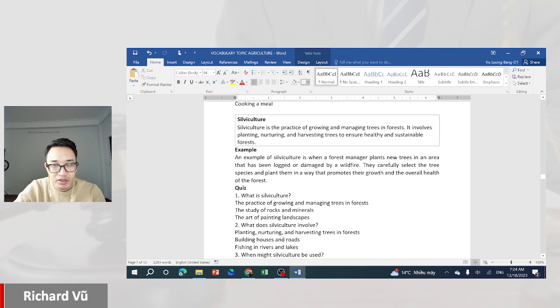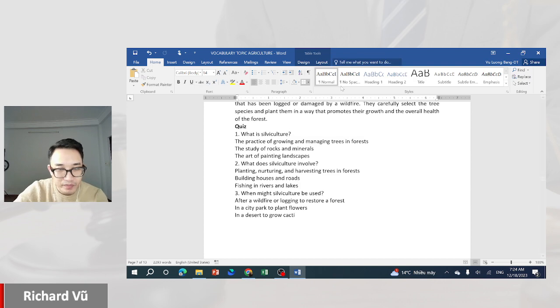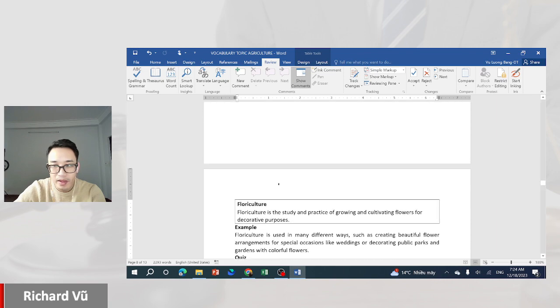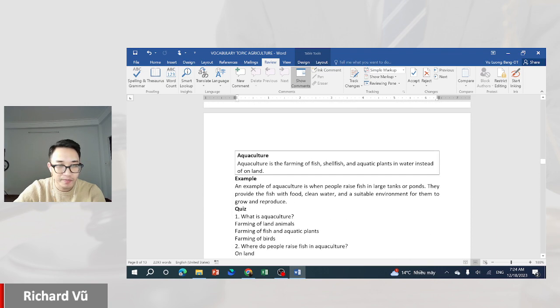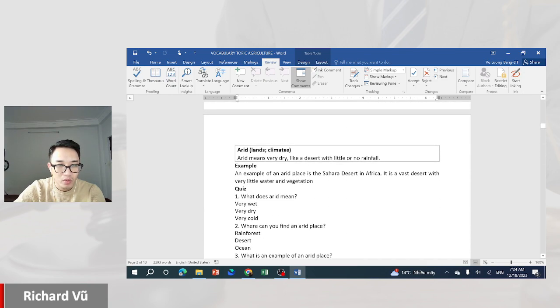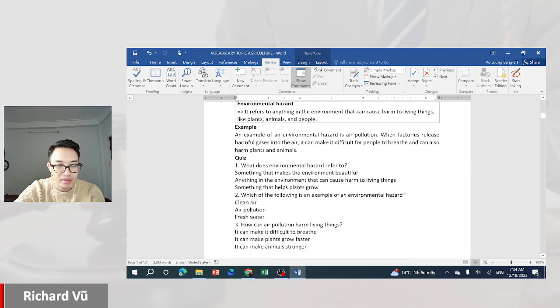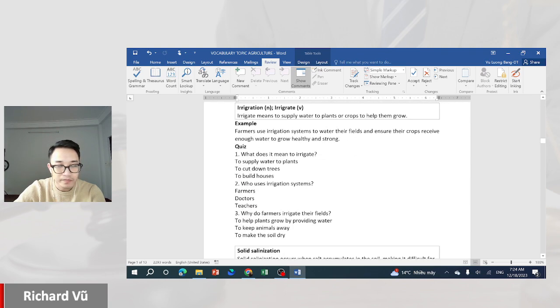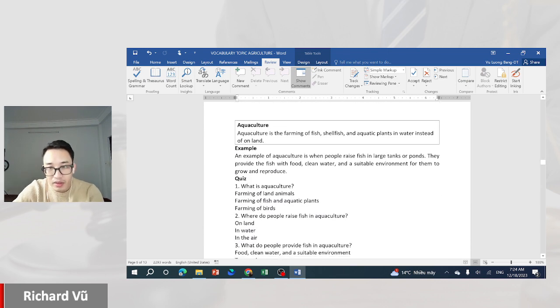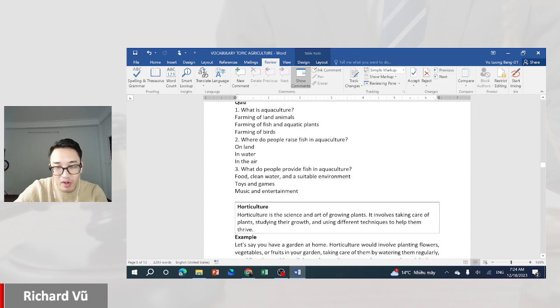Silviculture is the practice of growing and managing trees in forests. And floriculture is the study and practice of growing and cultivating flowers for decorative purposes. And the last one, aquaculture. What does aquaculture mean? It's farming in water instead of on land.